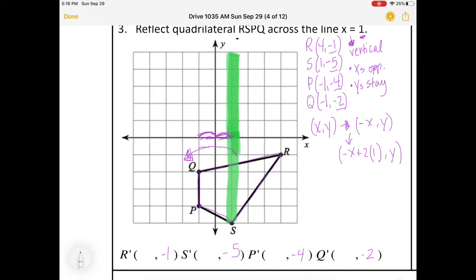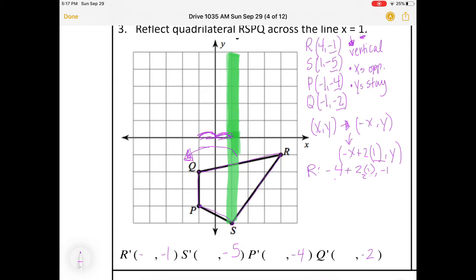So you're basically going to do that for each of these. For R, the x value becomes negative, so that's negative 4 plus 2 times 1, and y stays the same. Negative 4 plus 2 is negative 2.